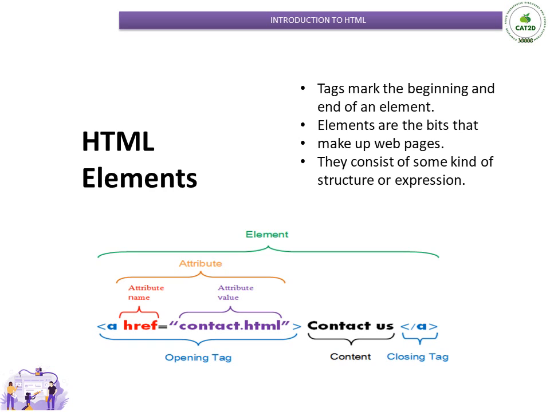So elements are the bits that make up the web pages, and they consist of some kind of structure or expression as shown in the image. The element has different compositions. It has the attribute composition, the content composition, then the tag composition.